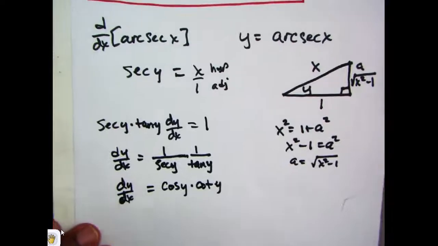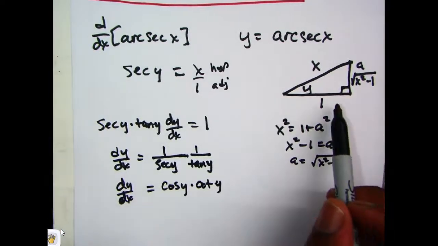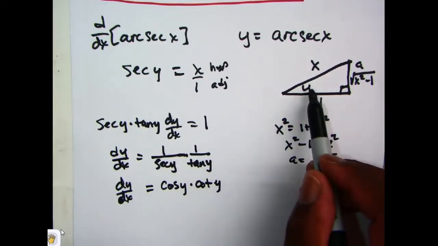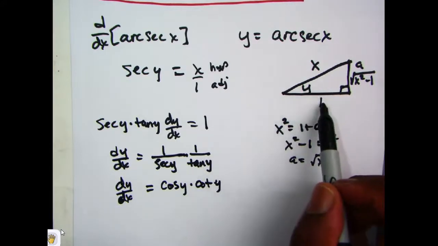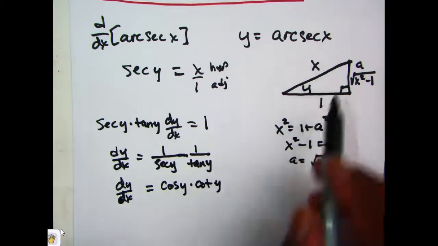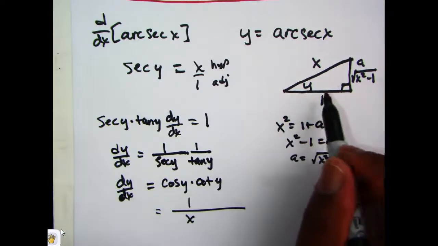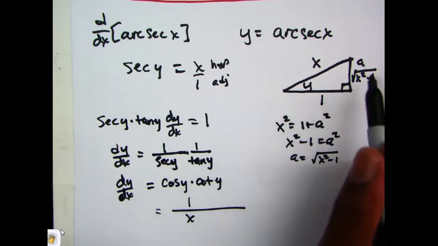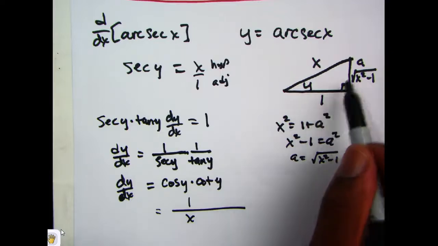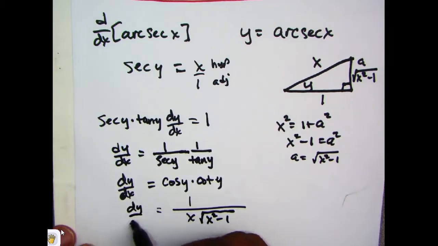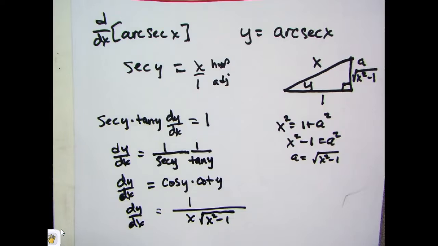All right. So looking at our triangle, dy dx is cosine y times cotangent y. So here's y. The cosine is adjacent over hypotenuse, so it's going to be 1 over x. Tangent is opposite over adjacent, so cotangent is adjacent over opposite. So that would be 1 over the square root of x squared minus 1. So dy dx is 1 over x times the square root of x squared minus 1.